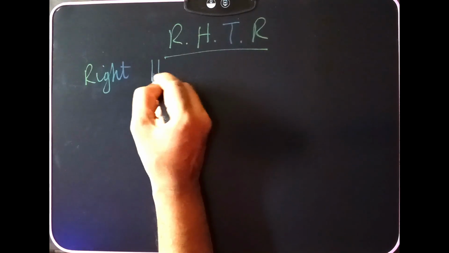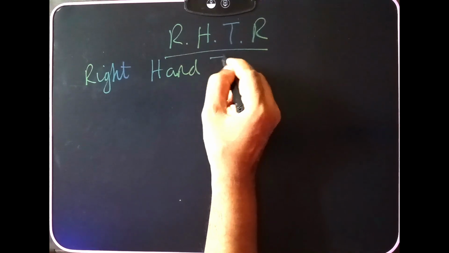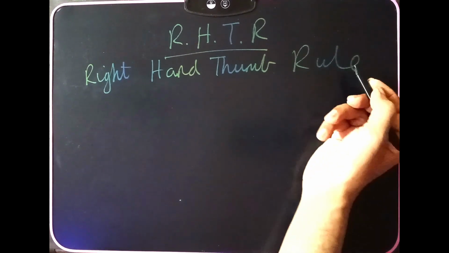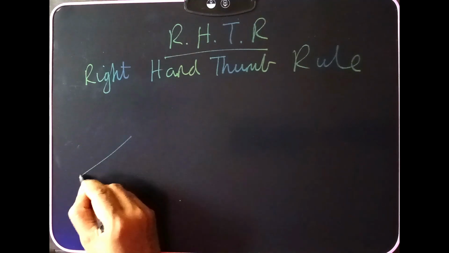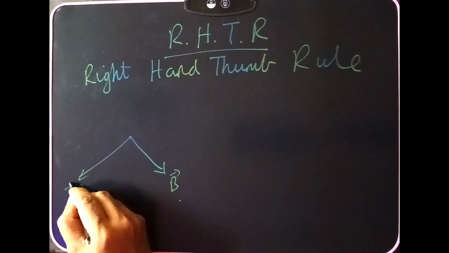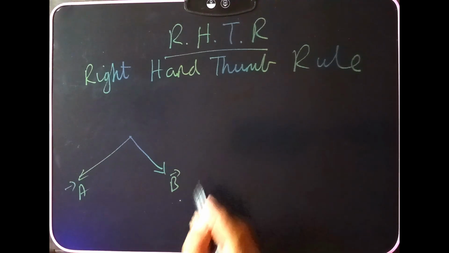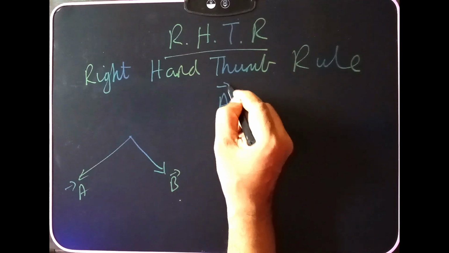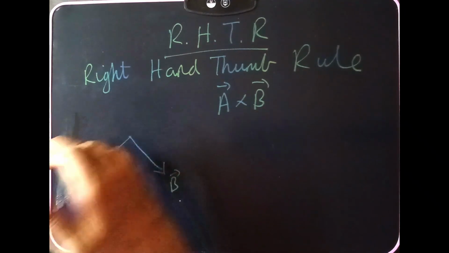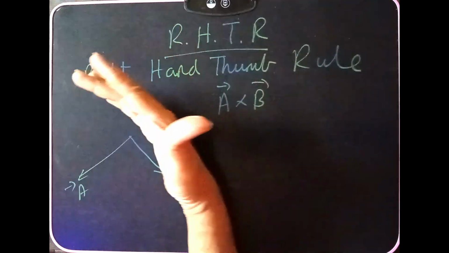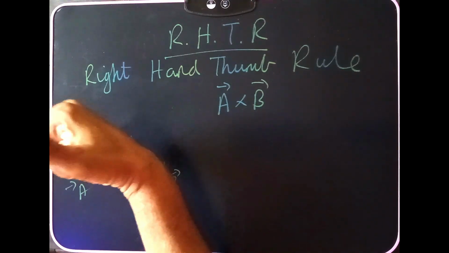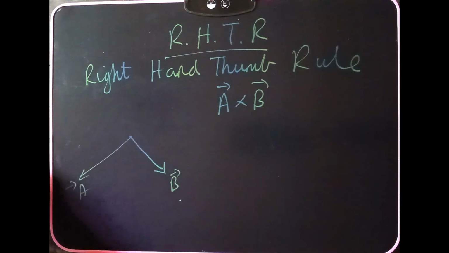What we have, these two vectors here, A and B. We want to find the cross product, A cross B. So we are moving from A to B. This is my right hand, I am moving from A to B. So my thumb will give the direction of the third vector, which is upward.